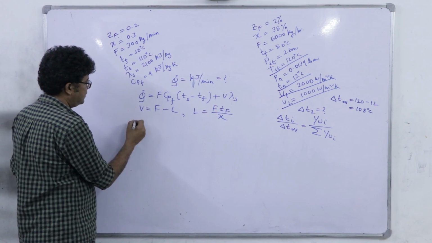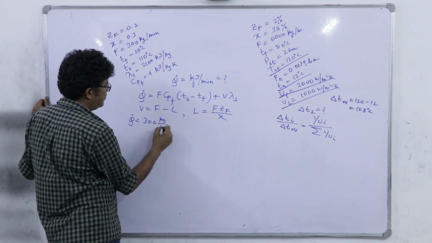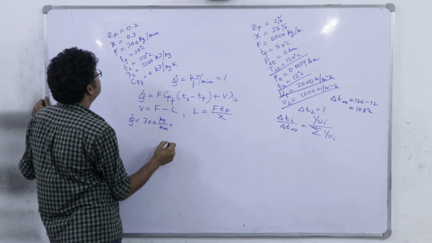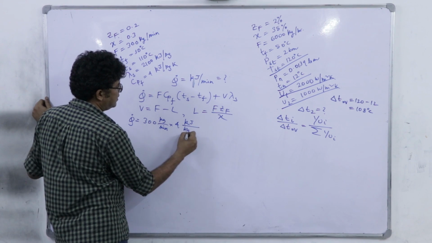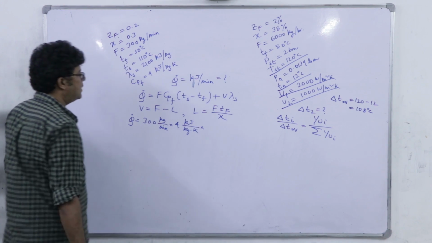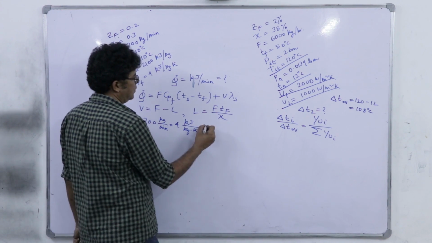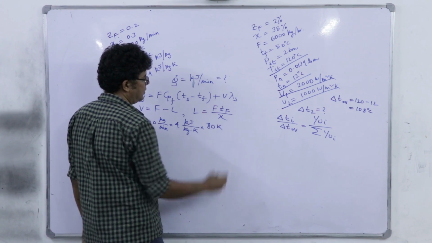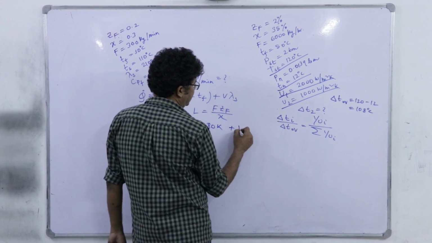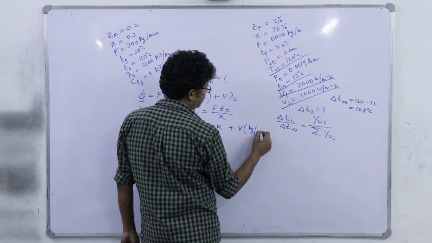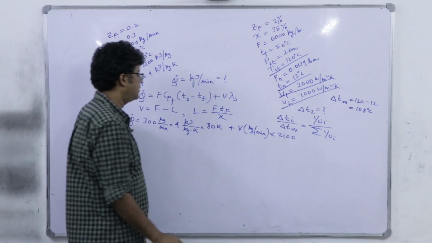So, Q dot: F is 300 kg per minute, always write the unit, Cpf is 4 kilojoule per kg Kelvin, into Ts minus Tf, 110 minus 30, so it is 80 degrees, 80 Kelvin or 80 Celsius, right, plus V, which should be in kg per minute, into this lambda, 2100.